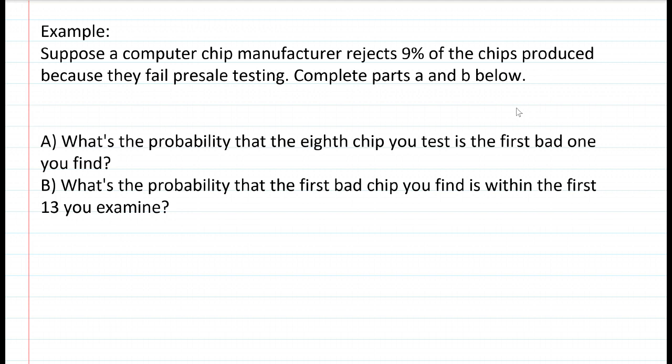First you have to determine whether the geometric model is appropriate. There are only two possible outcomes, success and failure, because the chips either pass or fail pre-sale testing. The probability of success is constant because the probability that a chip fails pre-sale testing is 9%, constant from trial to trial.